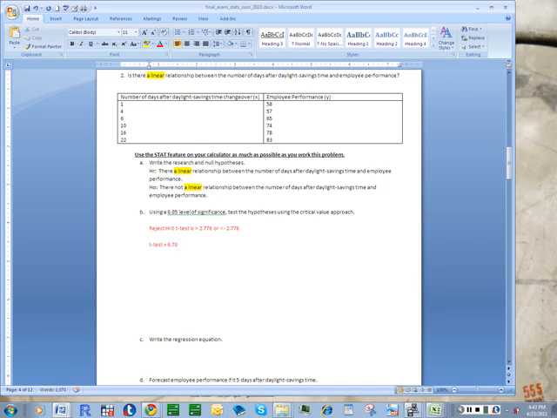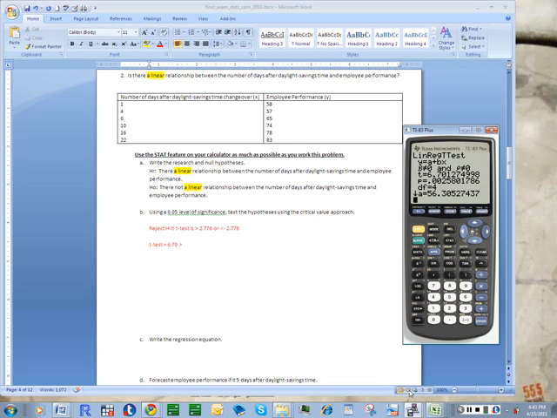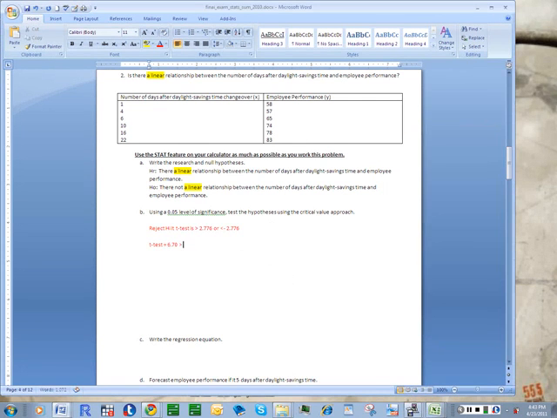Which is 6.7. Okay, that is 6.70 greater than 2.776.